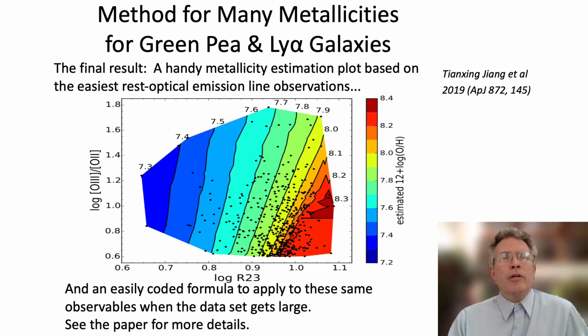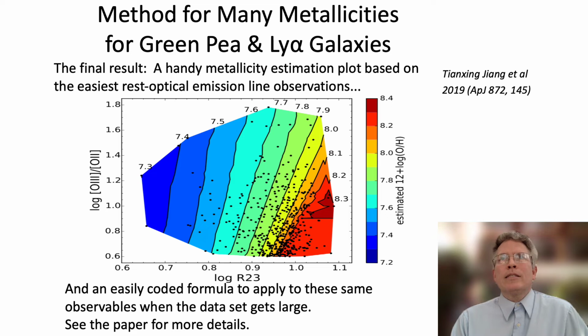If you go to the paper, you'll find more of the details, and the reference to that paper, if I don't have it on this slide, is certainly back on slide 3 or 4 of the set, where I took everything down from ADS. And one last comment is that if you have a sample of 10,000 galaxies and you don't want to look at this plot 10,000 times, there's also a formula in the paper that you can use.